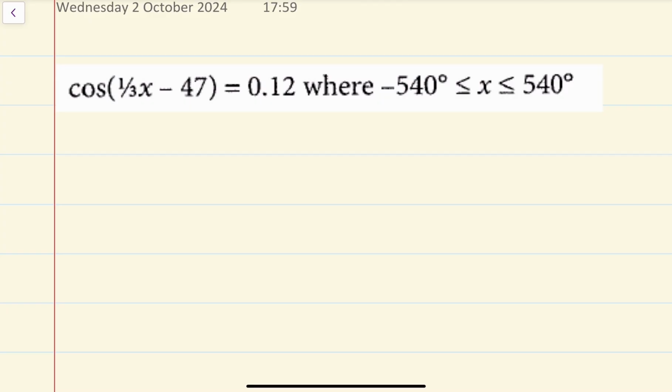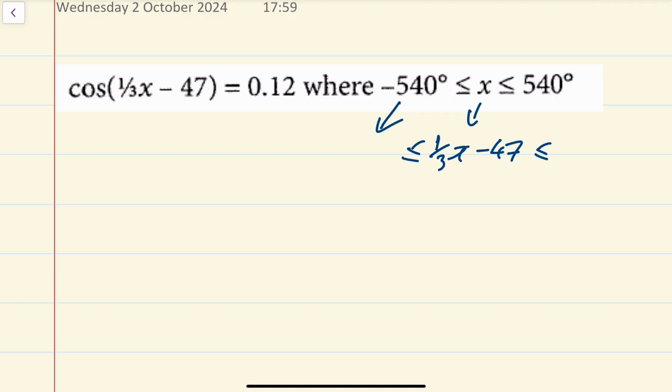So the first thing you do is you change this angle to be 1/3 x minus 47, and then you think how you did that. To get from x to 1/3 x minus 47, you multiply by 1/3 and then you take away 47. So you do the same to the minus 540: minus 540, then multiply by 1/3, which is the same as dividing by 3, and then take away 47.